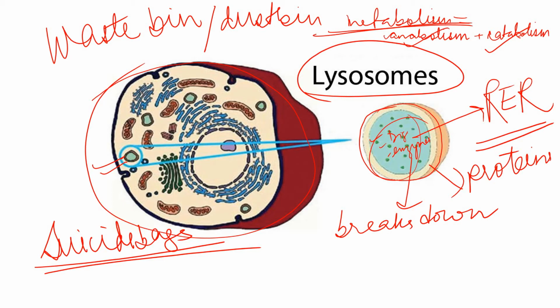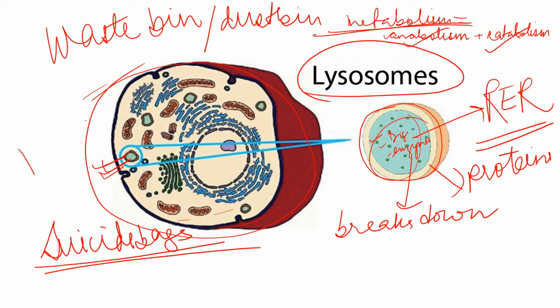Suppose in this cell that you can see, sometimes the metabolism may not function properly. Due to this, what can happen is that this entire cell may get damaged. So what happens during that time, when this entire cell has got damaged and is not functional, is that this lysosome which is present here bursts.